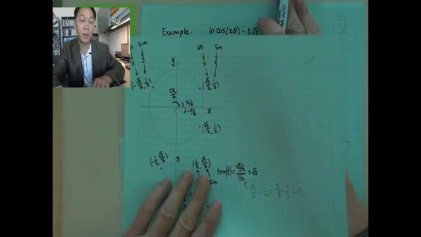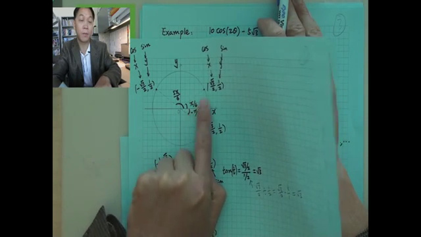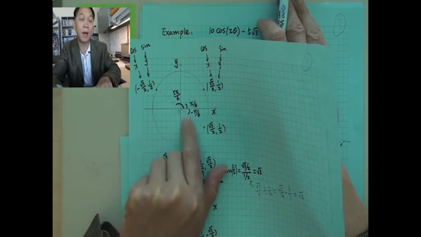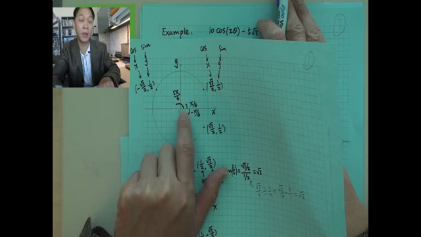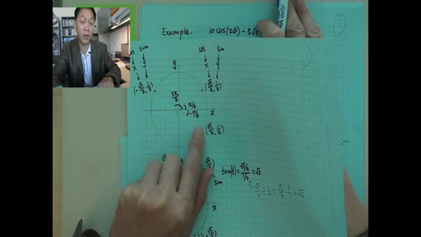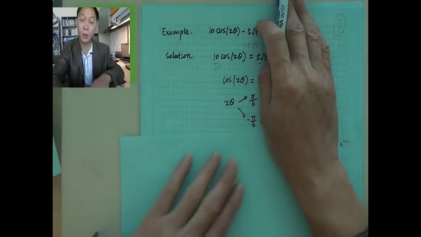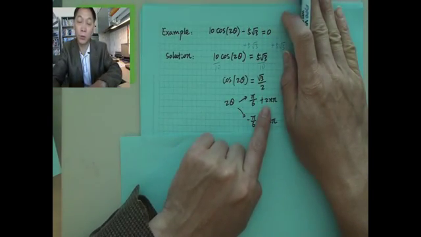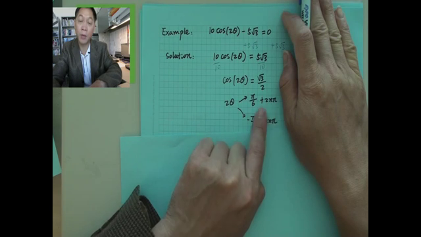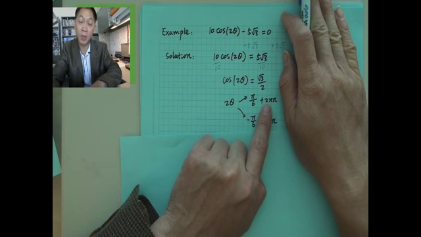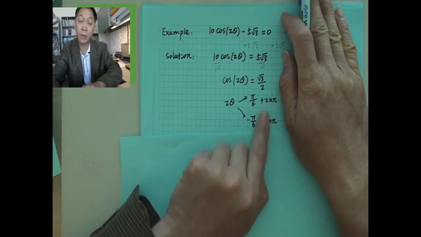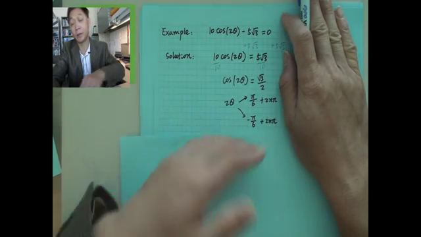Again, if you have an angle like this, then you add 2 pi or minus 2 pi, you get another angle. So is the case for negative pi over 6. So don't forget to add the period 2n pi. 2 pi is the period times n. Then you get many.